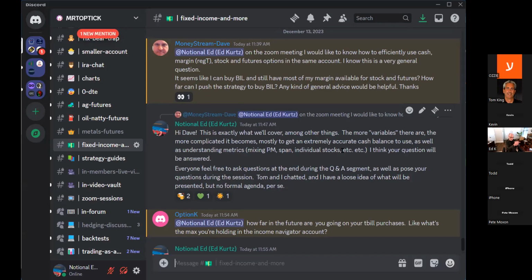Indexes need excess margin buying power. So if you're trading futures like ES, all your commodity futures, bond futures, etc., they need cash. So when you're loading your trade in, you see that initial margin requirement at your various brokerage accounts. That's how much cash you need to start. And then that's an initial maintenance amount.